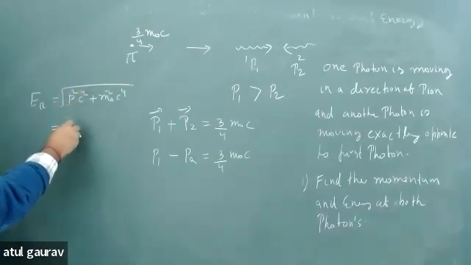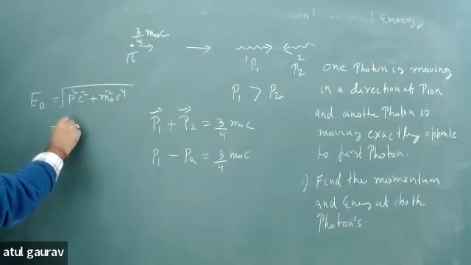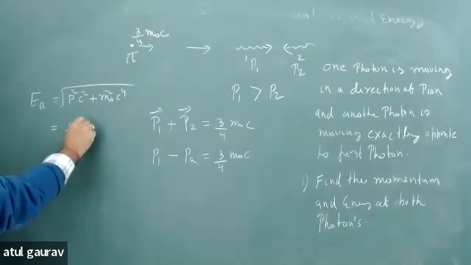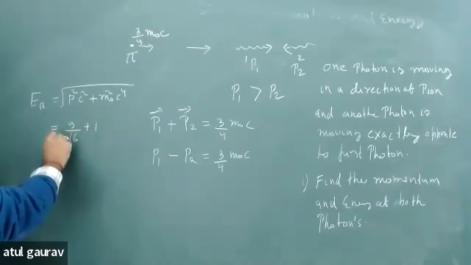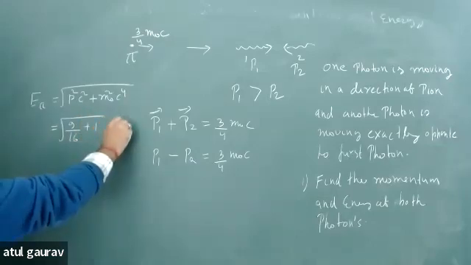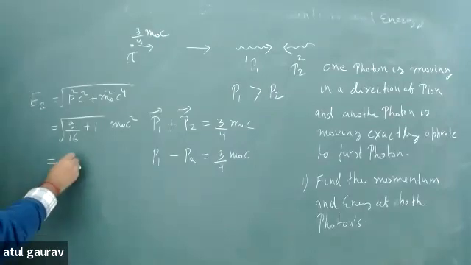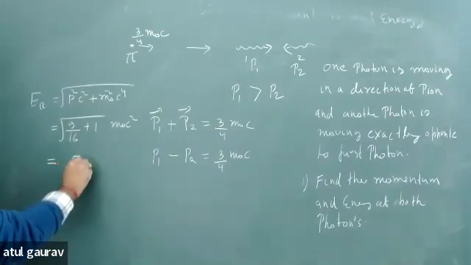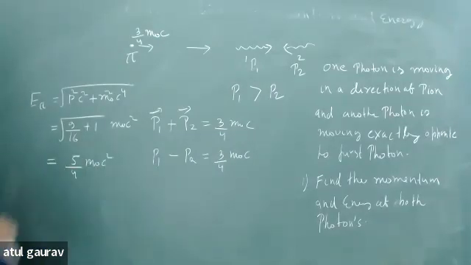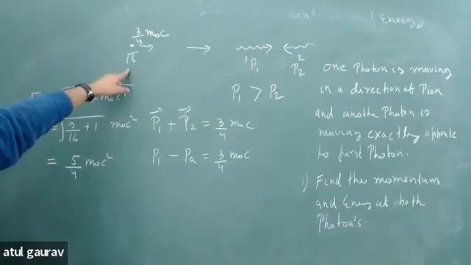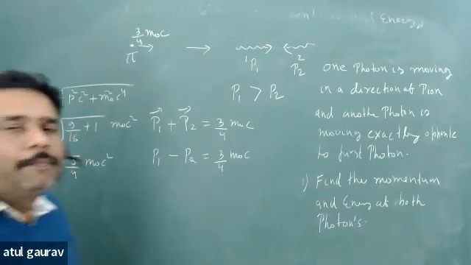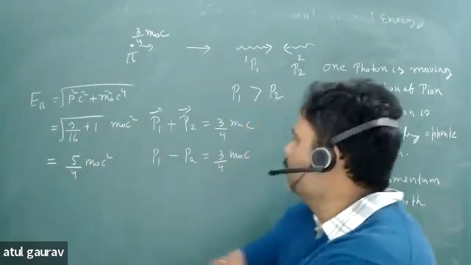So what is P square c square? You have 9/16 plus 1, root, times m naught c square. We can take m naught c square common. So what is this value? 5/4 m naught c square. So this pion is moving with energy 5/4 m naught c square.